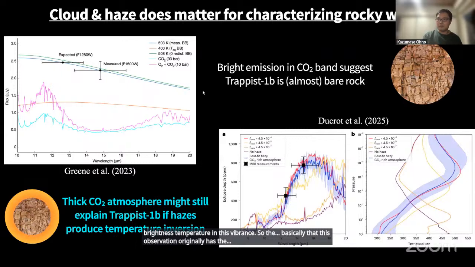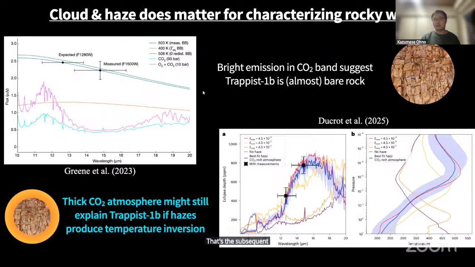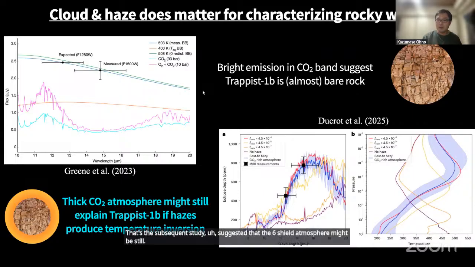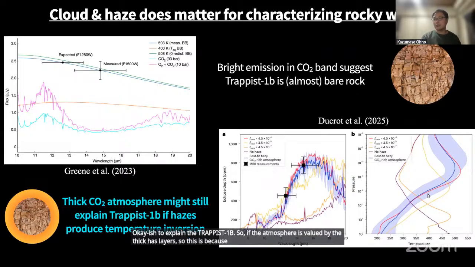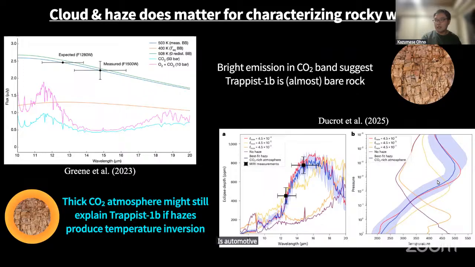But a subsequent study suggested that a thick CO2 atmosphere might still be okay-ish to explain TRAPPIST-1b, if the atmosphere is veiled by thick haze layers. This is because if the atmosphere is very hazy, the haze can produce a temperature inversion.